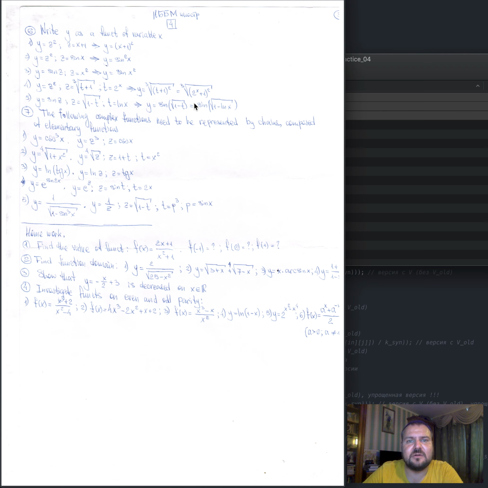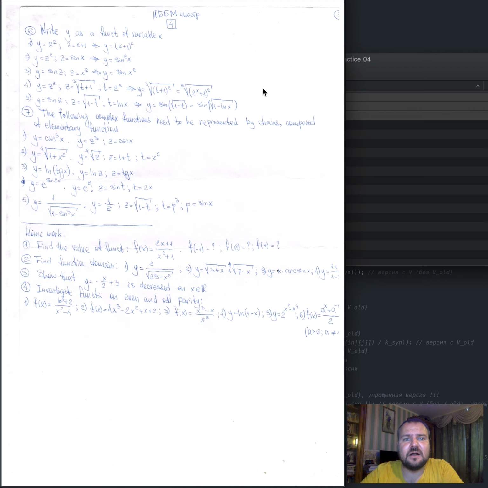And so the result will be the cubic root of (2 to the x plus 1), squared. Again, the same example, y equals sine z, z is the square root of 1 minus t, t is the logarithm of x. And so we put it together and we get sine of the square root of 1 minus logarithm of x.